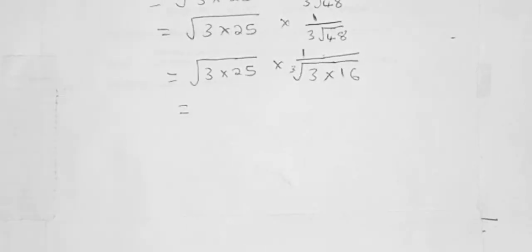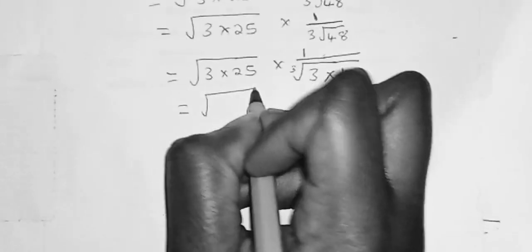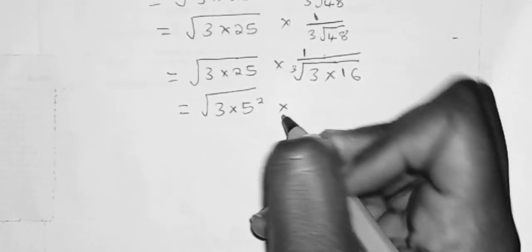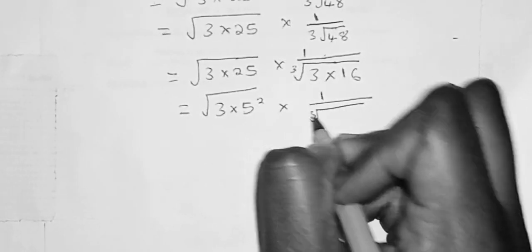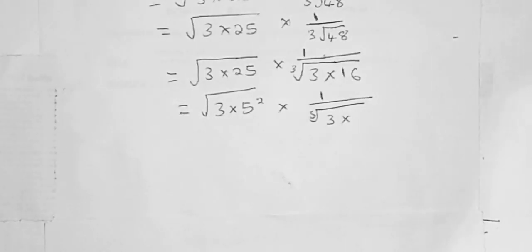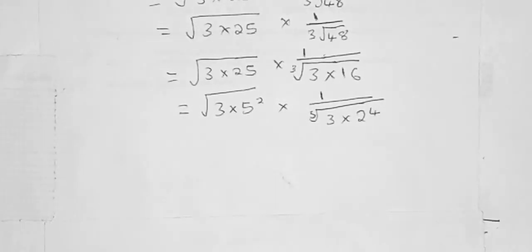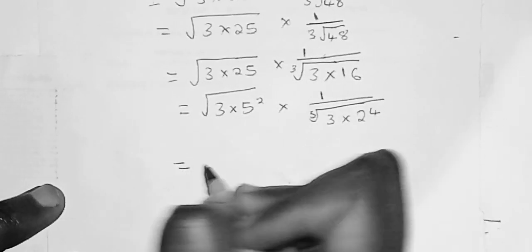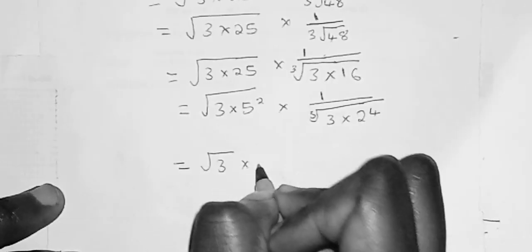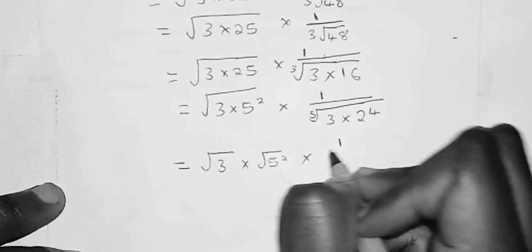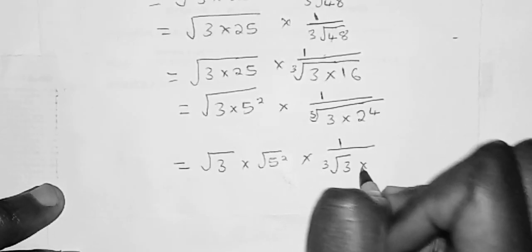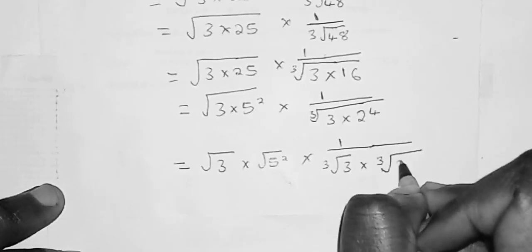So we also have to do 25, which gives you 5 squared. So we get the square root of 3 times 5 squared times 1 over the cube root of 3 times 2 to the 4. We're going to split everything before we calculate.